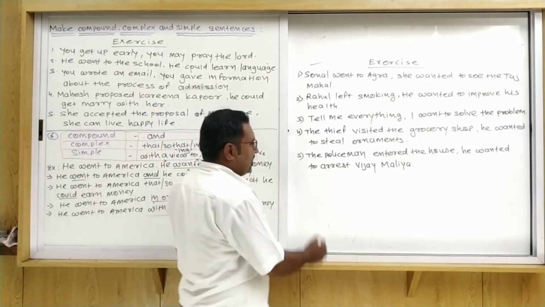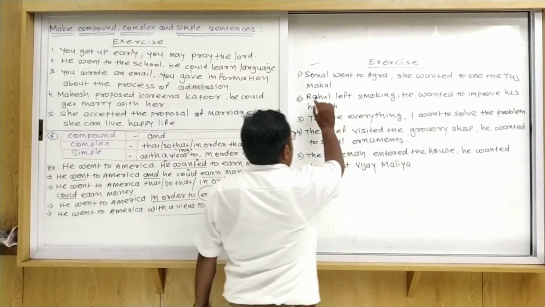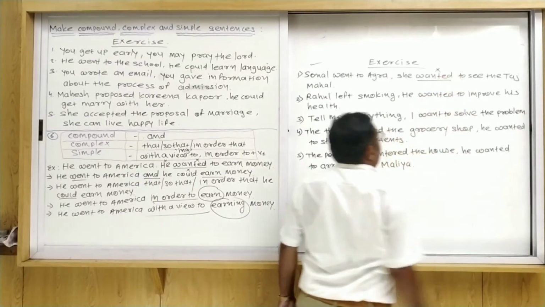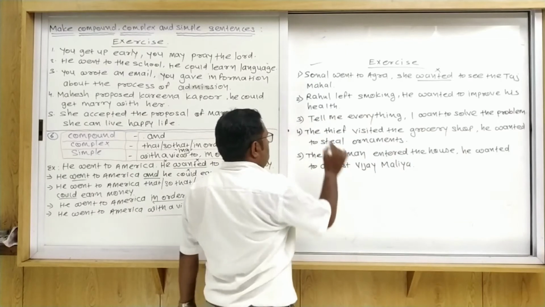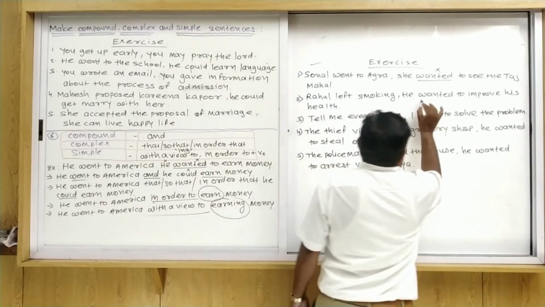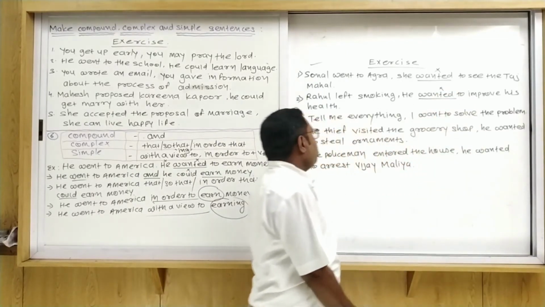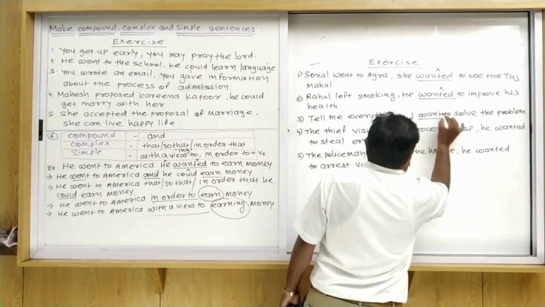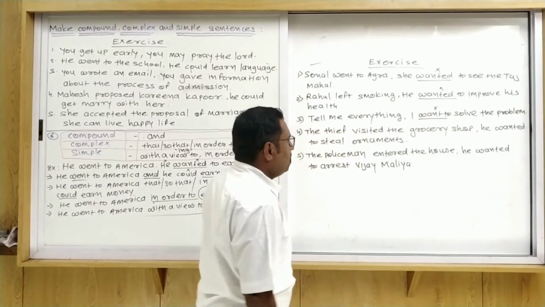Okay, 5 sentences are given here. The first one, Sonal went to Agra. She wanted to see the Taj Mahal. Rahul left smoking. He wanted to improve his health. Tell me everything. I want to solve the problem.